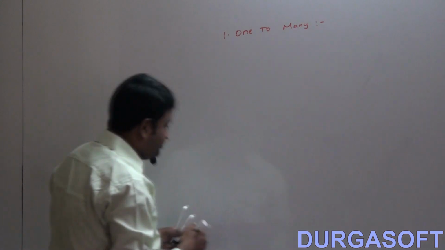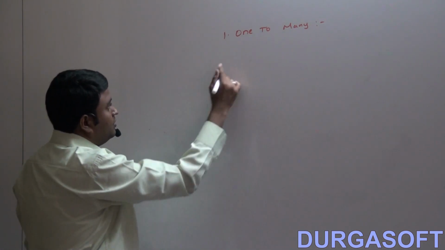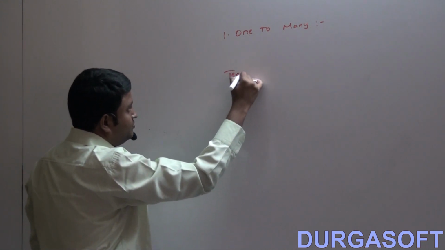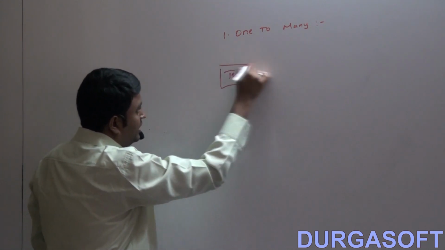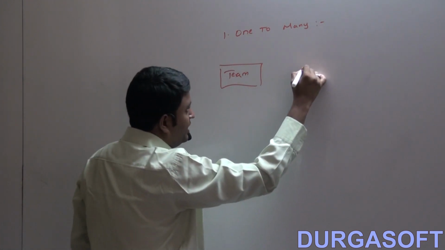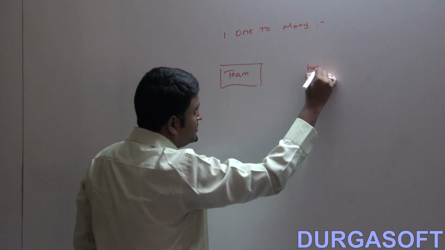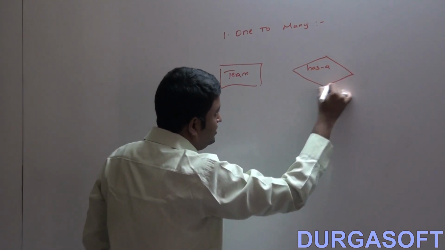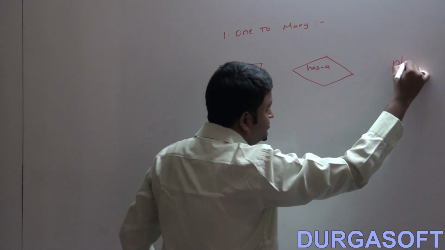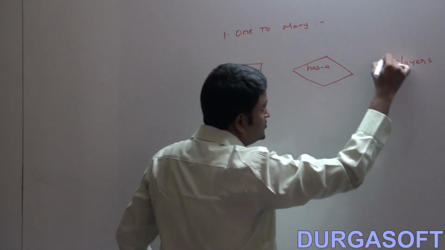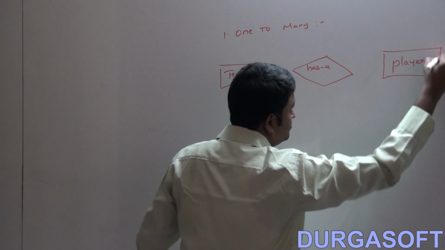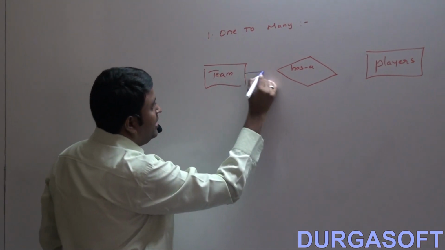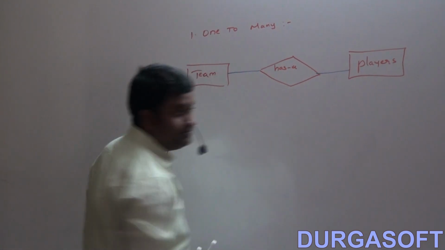For example, a team has a relationship with the players table. One team has many players.